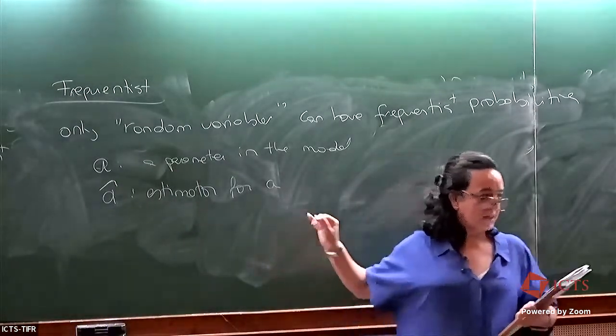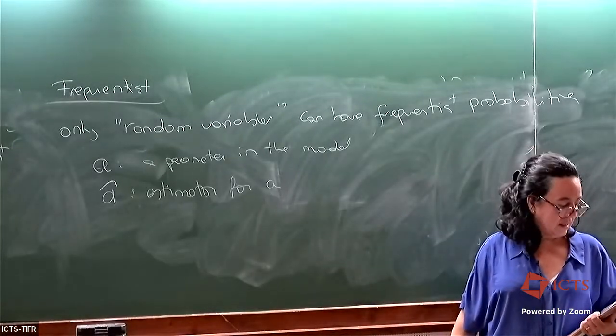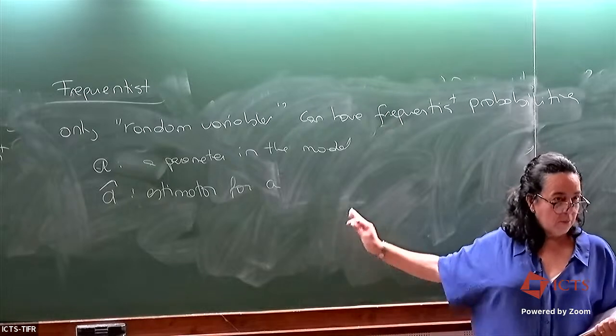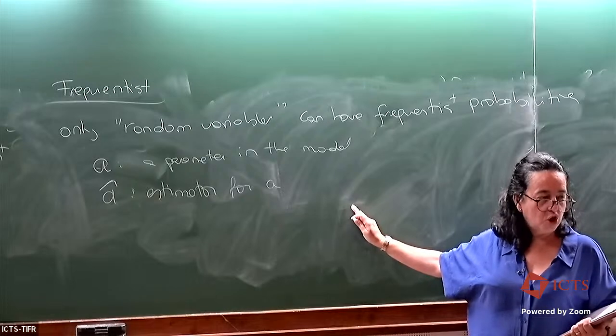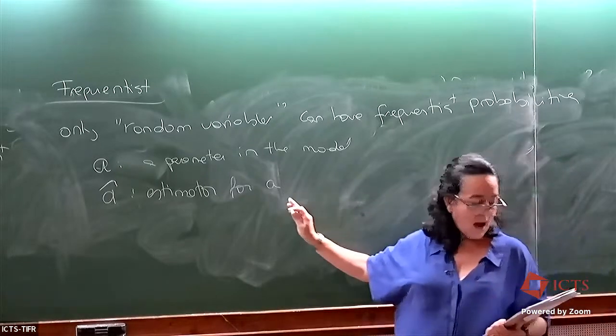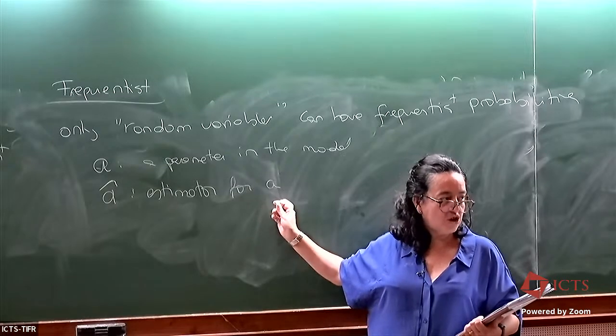And this is why yesterday I was already putting the hat on the estimator and the power spectral density. So basically, here what we have to do is to construct a statistic that is a function of the data.